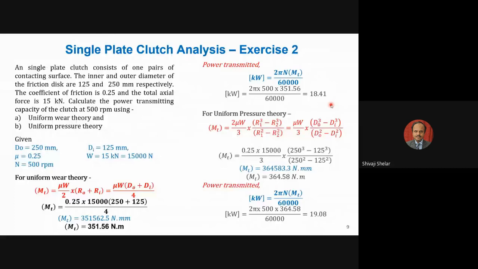But in most design applications, normally uniform wear theory is used. Very rarely is uniform pressure theory used. I took this problem so that you understand the basic difference between uniform wear theory and uniform pressure theory. If your brand new plate is there, this much power can be transmitted.